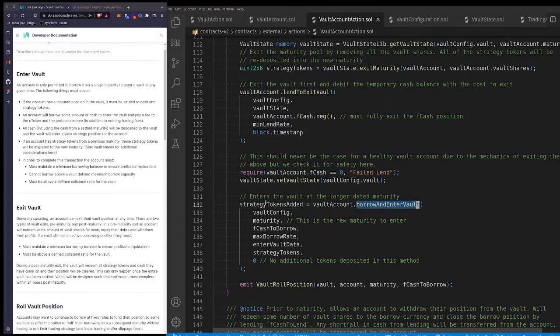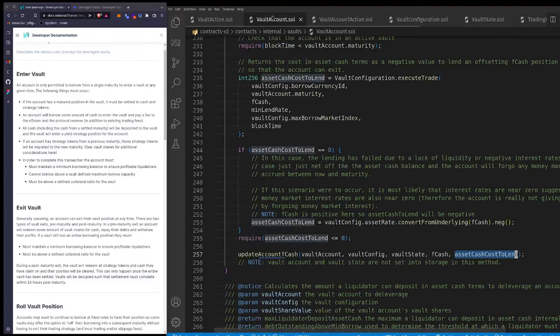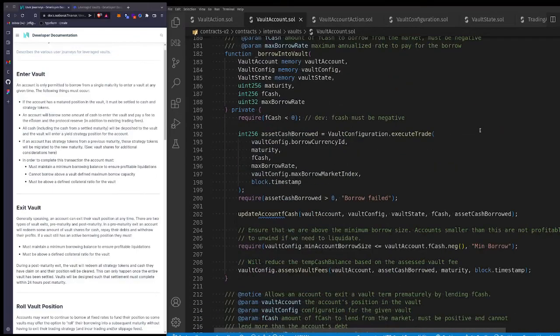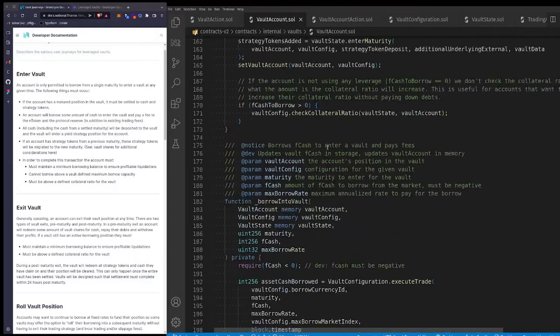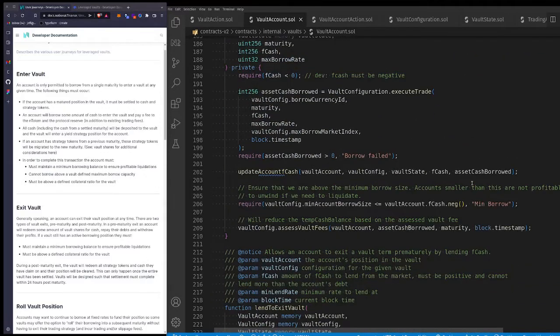So what's going to happen here is that we'll call borrow and enter vault. There will be no deposit here, but the account will then borrow some cash that will go into their cash balance, and some fee will be assessed against that as well.